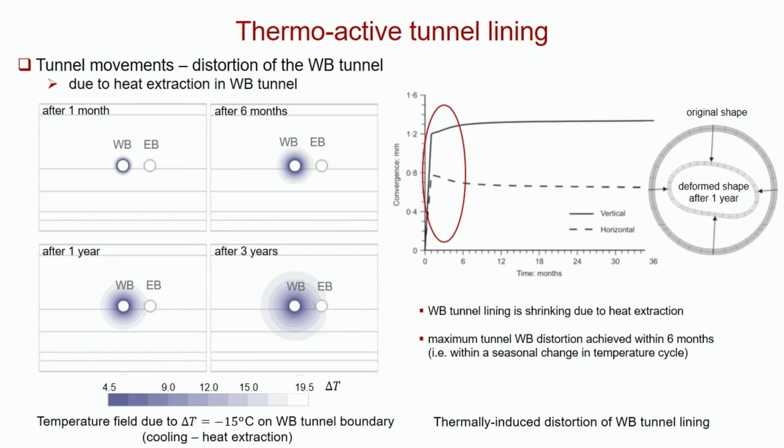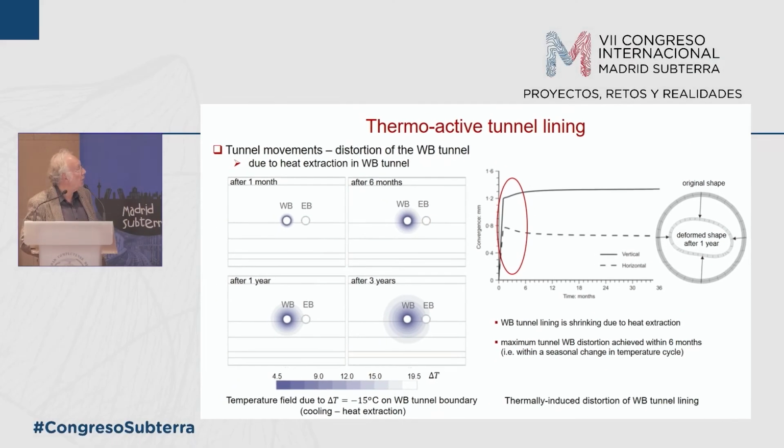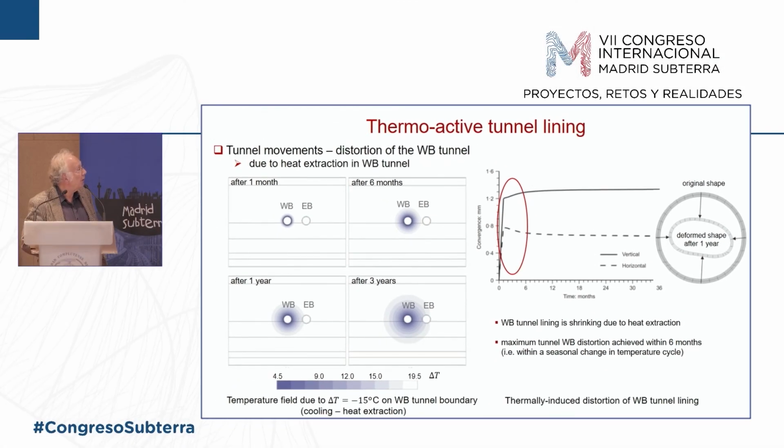And what's interesting, if we look at the westbound tunnel and we look at the movements, the convergence, in tunnelling you often look at the horizontal convergence, which is the change in horizontal diameter and the change in vertical diameter. These are the numbers that we get. So this is the vertical one, and this is the horizontal one. Two interesting points. One is it happens very quickly.